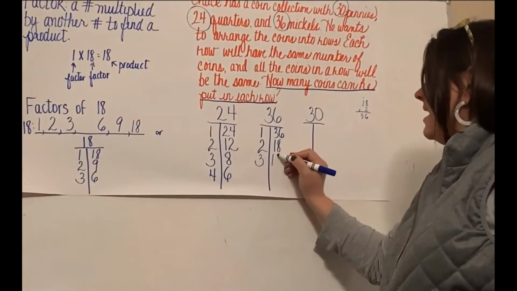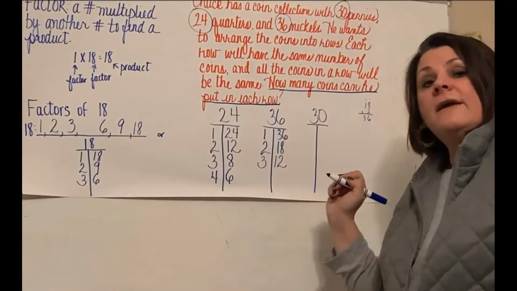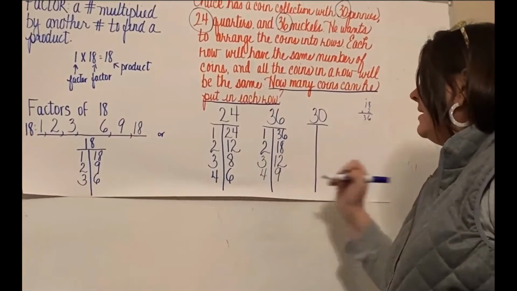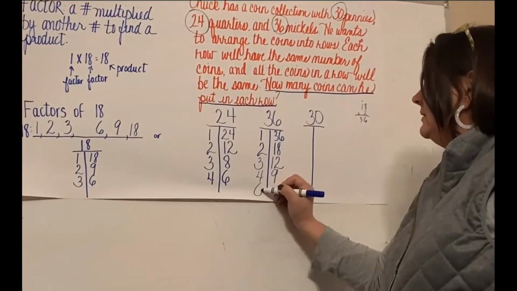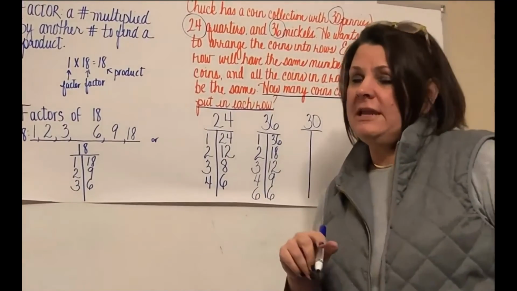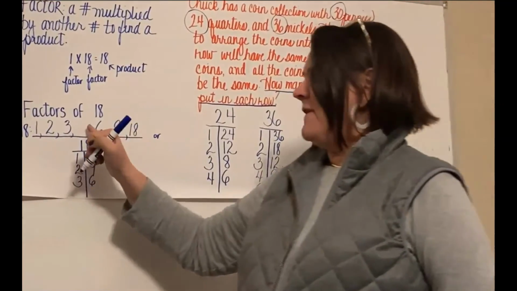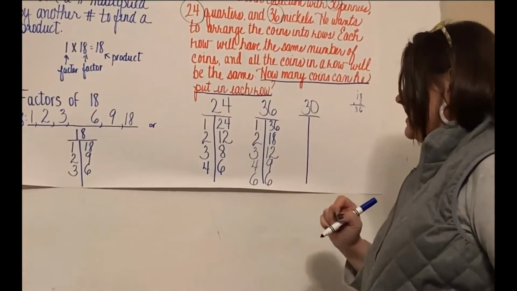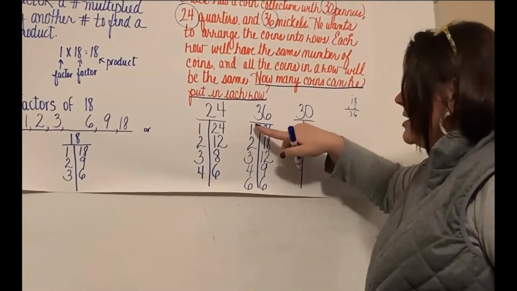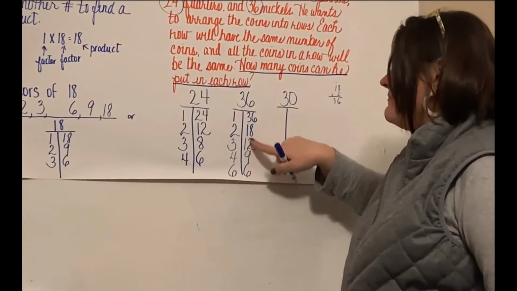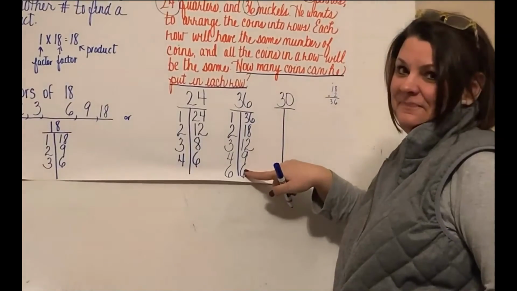Yep, 3 times 12. Factors with 4, 4 times 9. Oh, and then look at this, 6 and 6. If we were writing this linear, you would only write the factor 6 one time. Now I have an awful lot of factors here. Notice my factors on the left are increasing, my factors on the right are decreasing.